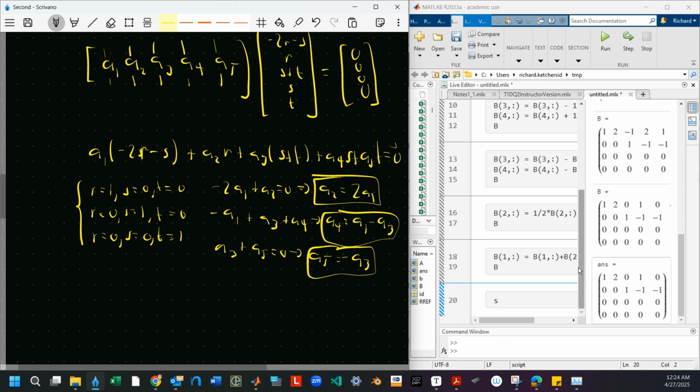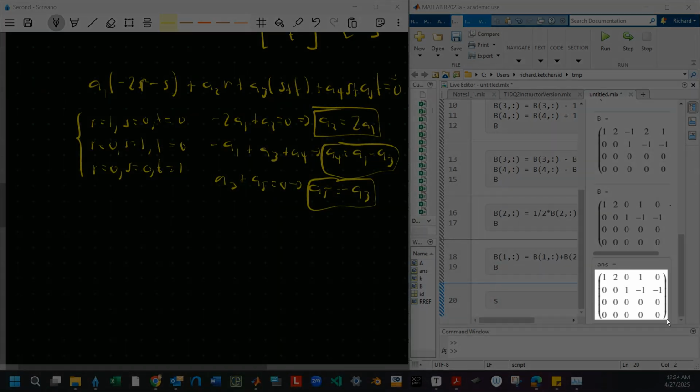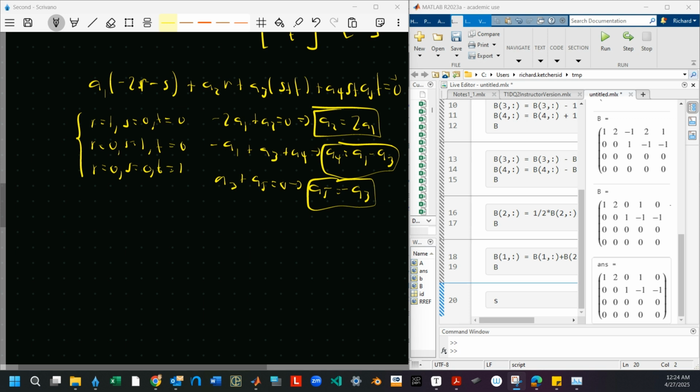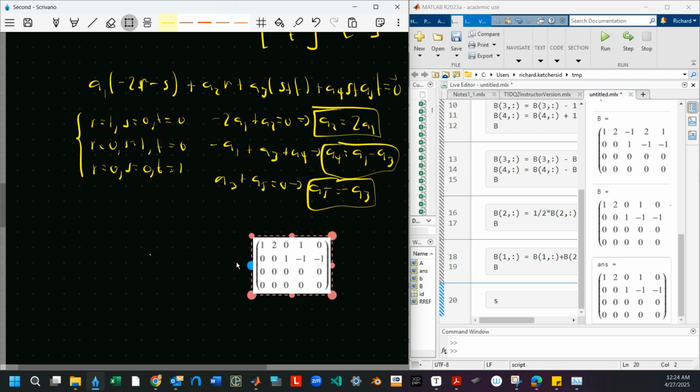Okay, so if you look at the reduced row echelon form matrix here, let me just take a quick copy of this and post it in here. Whoa, so big. It's small.